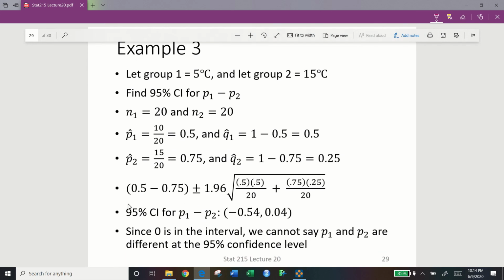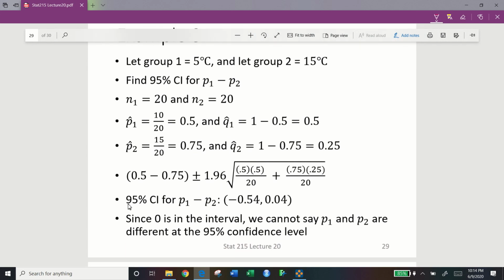So let us have group 1 be our 5 degrees Celsius and let group 2 be our 15 degrees Celsius. Again, we are asked to find a 95% confidence interval for P1 minus P2. So we should identify all of our relevant information. N1 will be 20, N2 will also be 20.